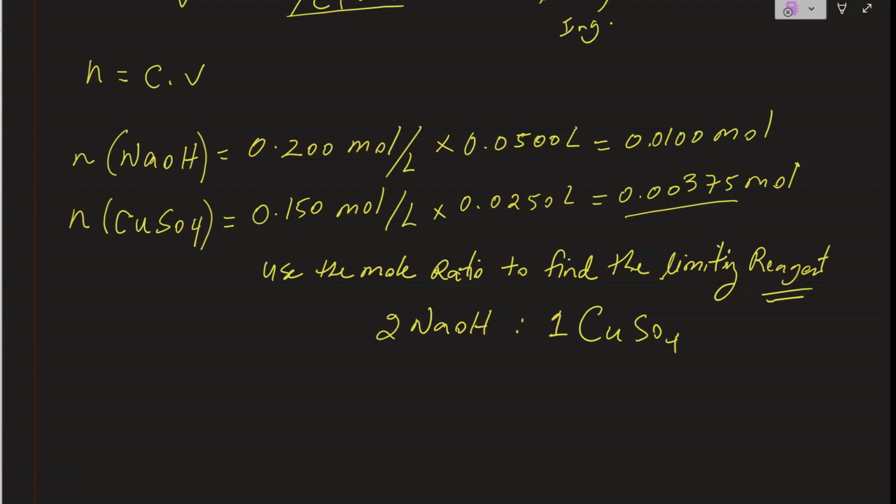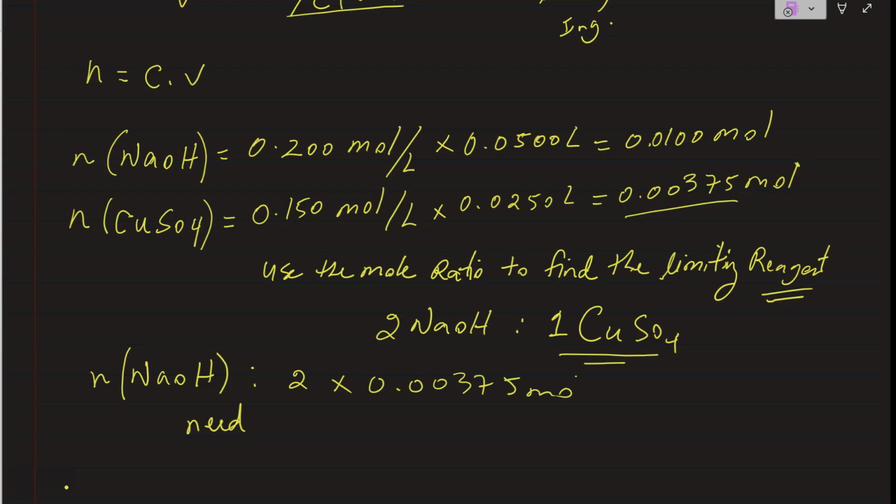So let's go ahead and do this. We want to know what is required. Because it's 2 to 1, that would be 2 times the number of moles of copper sulfate. So we have 0.00375 mole, because it's a 2 to 1 ratio, and the answer is 0.0075 mole. That's what we need for NaOH.